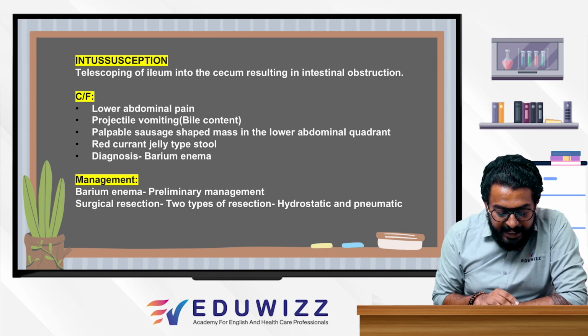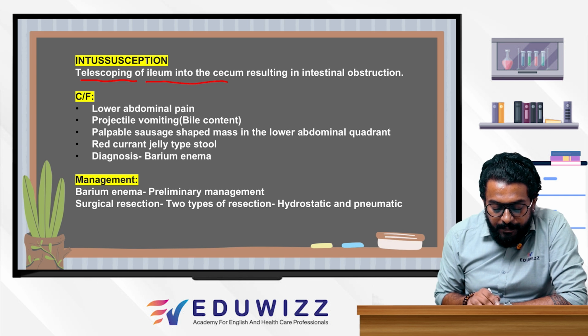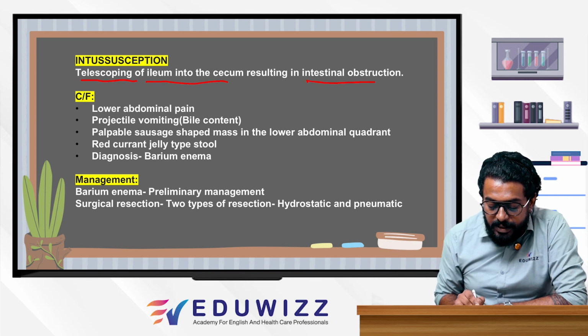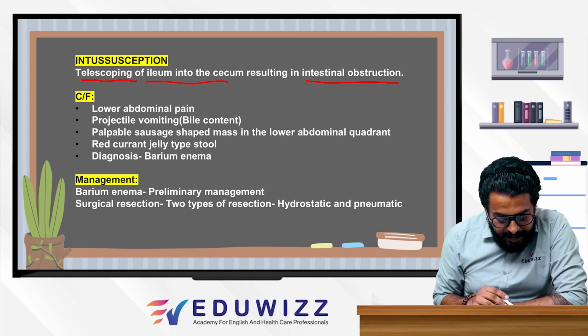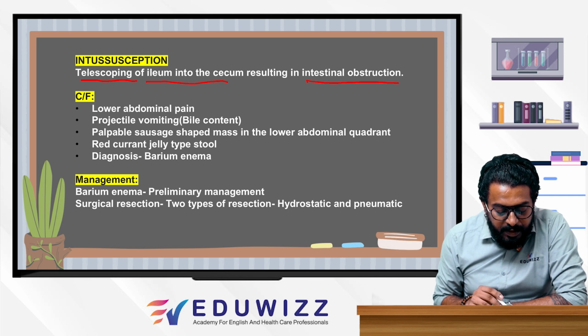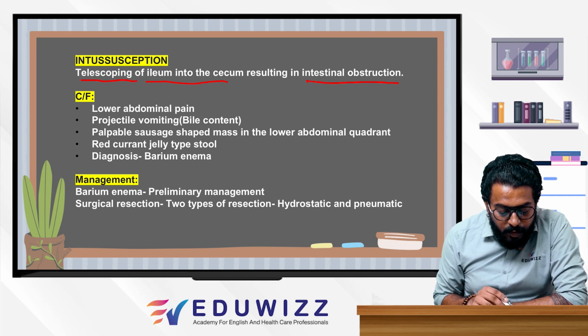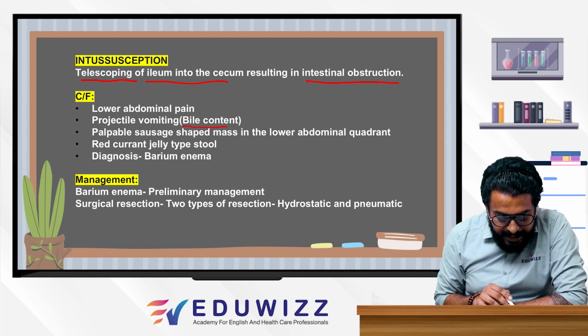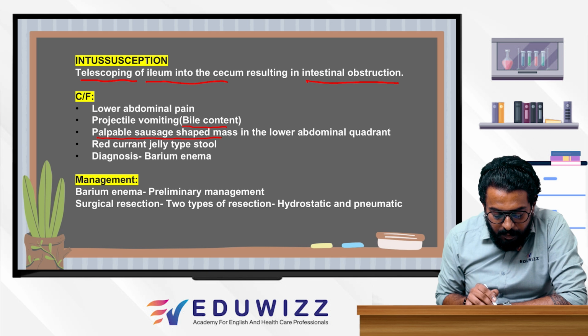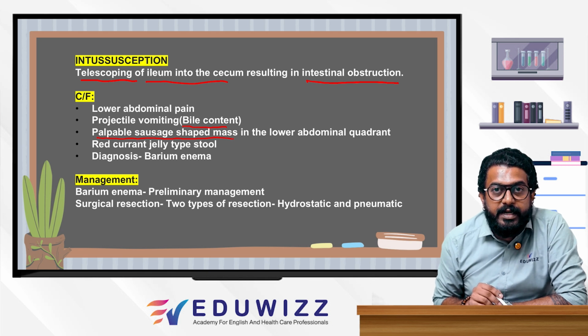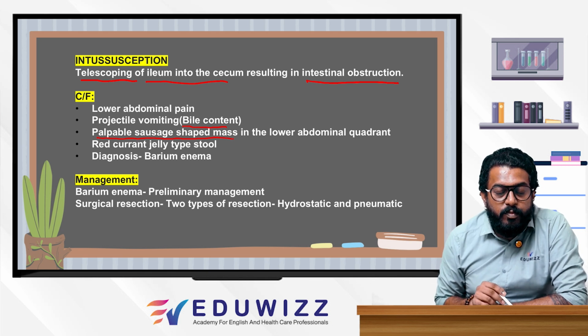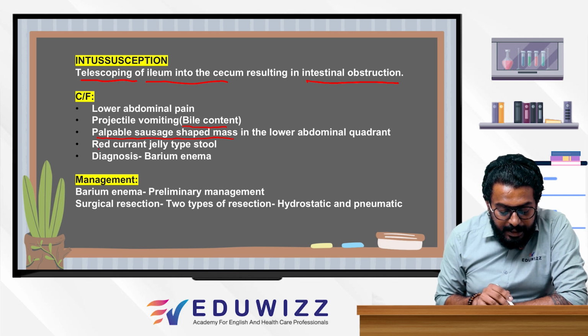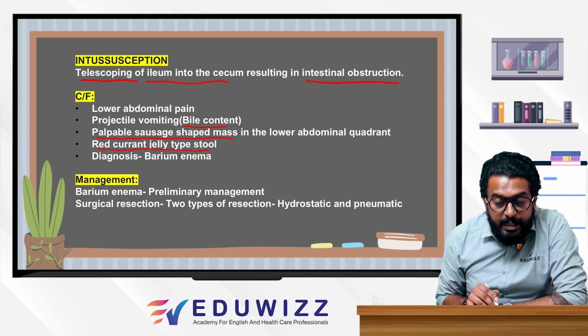Telescoping of the ileum into the cecum, resulting in intestinal obstruction. Important clinical features are lower abdominal pain, projectile vomiting with bile content, most importantly a palpable sausage shaped mass in the lower abdominal quadrant, and next one is also important, as I said earlier, red currant jelly like stool.